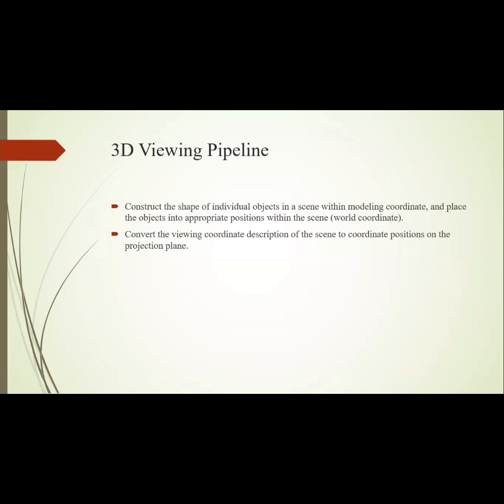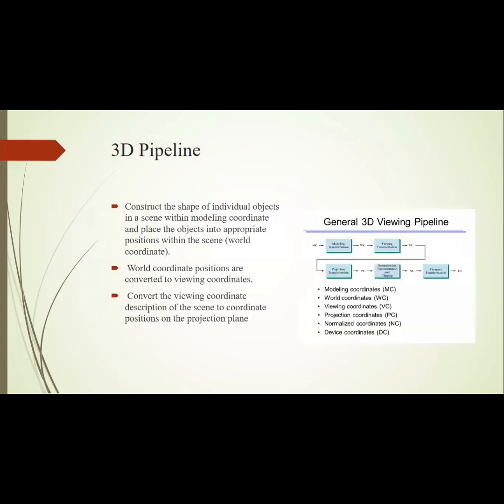Converting the viewing coordinate description of the scene to coordinate positions on the projection plane is called the 3D viewing pipeline. As you can see in the picture, first we construct the modeling transformation, that is modeling coordinates to world coordinates. Then we convert the world coordinates to viewing coordinates by the viewing transformation. Again, we convert this into projection coordinates, that is the projection transformation.